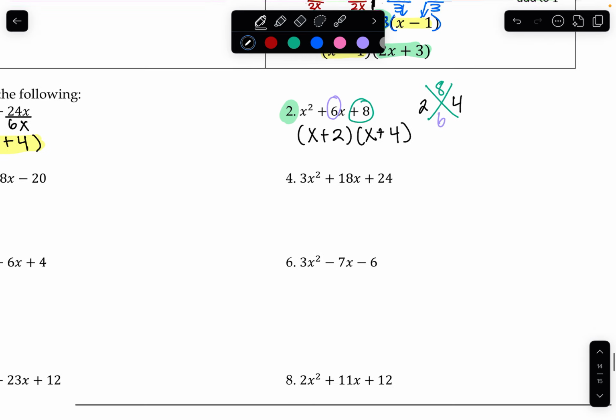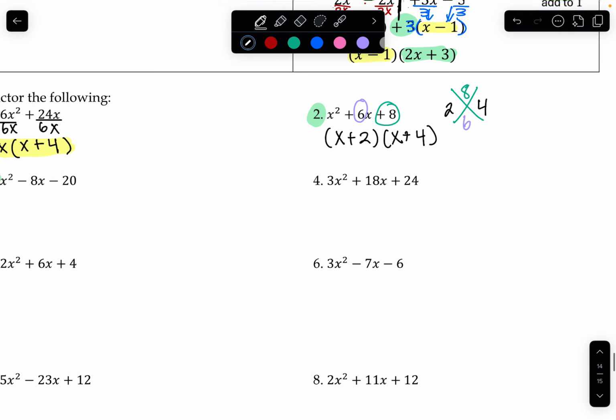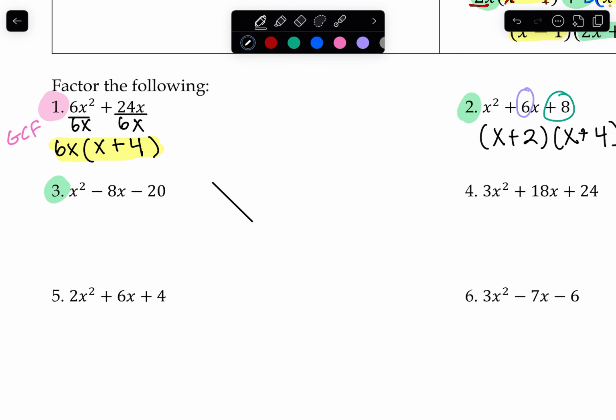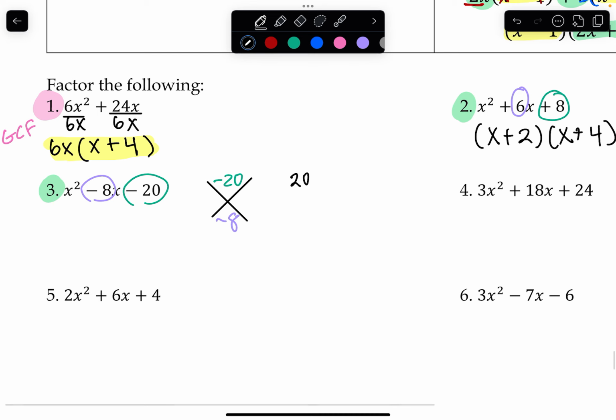Okay, number 4, our a is at 1, but, oh, I skipped 3. So 3, a is still 1, so we just need 2 numbers that multiply to negative 20, but add to negative 8. Okay, and so if you struggle with finding these numbers, list all the numbers that multiply to 20. So 1 and 20, 2 and 10, 4 and 5, and that's it.